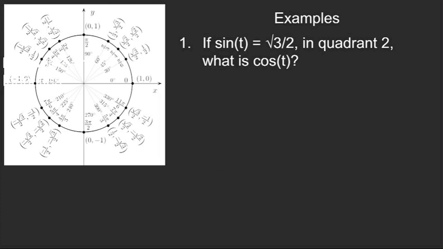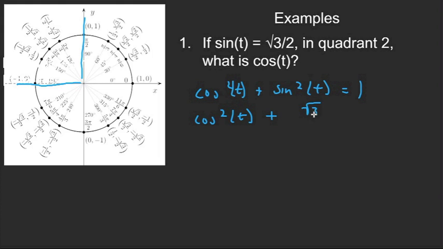Okay, so if sine of t is root 3 over 2 in quadrant 2, what is cosine t? So if we set up our equation, cosine squared t plus sine squared t equals 1. We are given sine t, so we can plug that in. Root 3 over 2 squared equals 1.